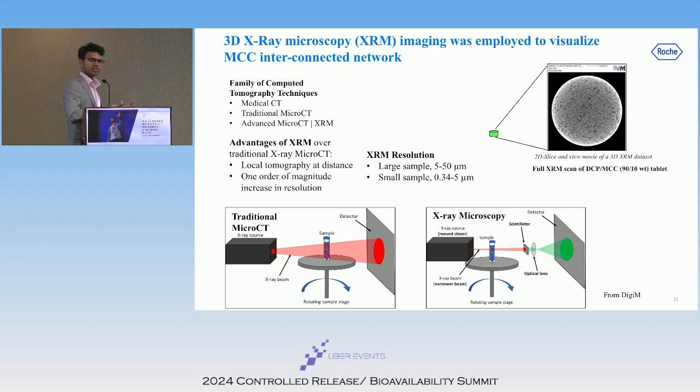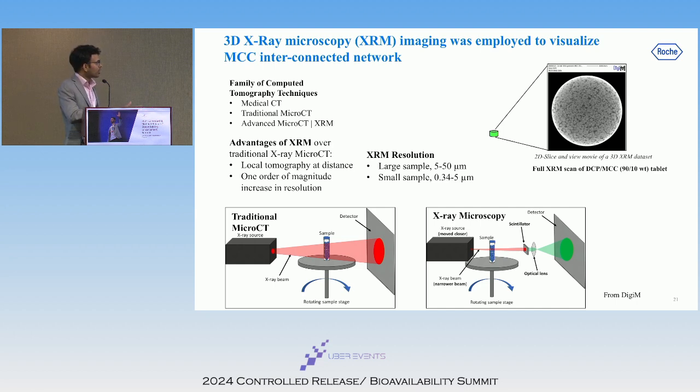However, the major difference is in the resolution. For a conventional micro CT, we are able to resolve images in the orders of 10 to 100 microns per pixel, whereas for the three-dimensional XRM, we are able to resolve images in the orders of 500 nanometers per pixel.